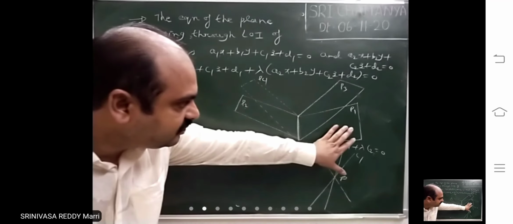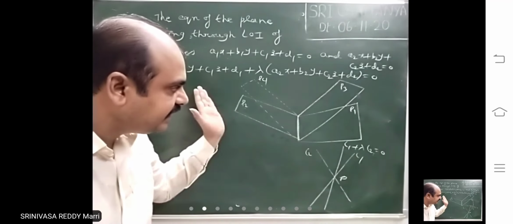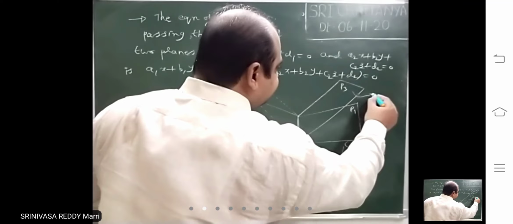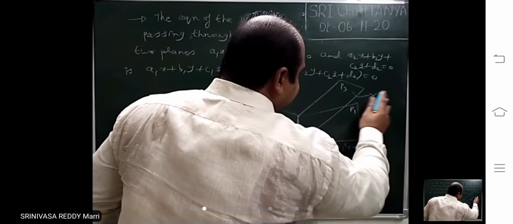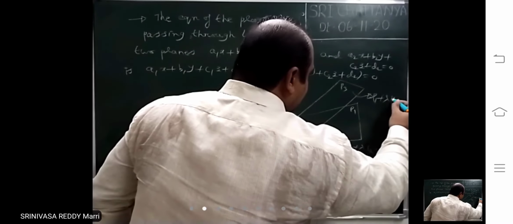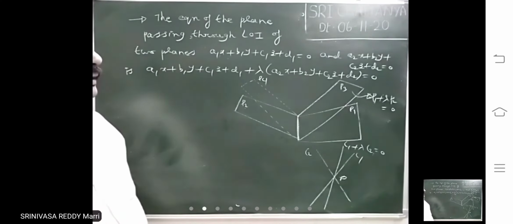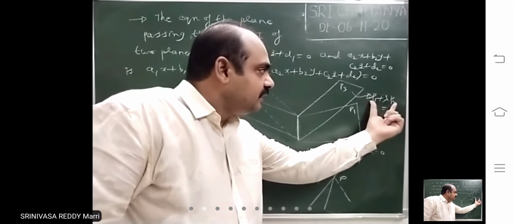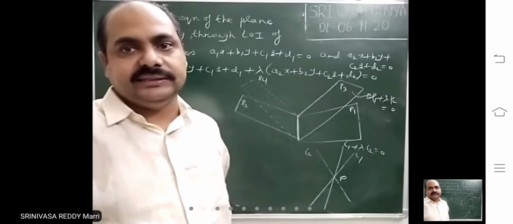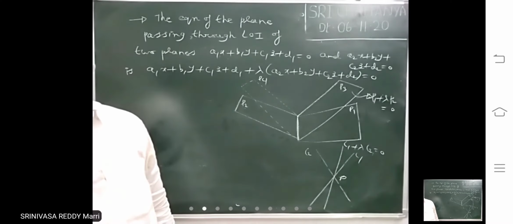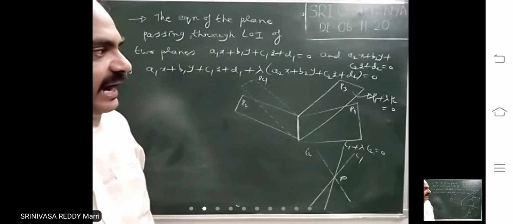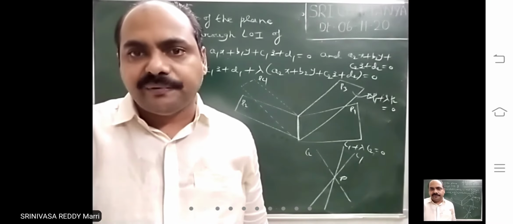Similarly, if you want to find the plane which passes through the line of intersection of both, you take the equation as P1 plus lambda P2 equal to 0. Some condition will be given to you. Then by using that condition, find the value of lambda and then find the required plane. The equation of the plane passing through the line of intersection of two planes. Write one problem, you will understand.